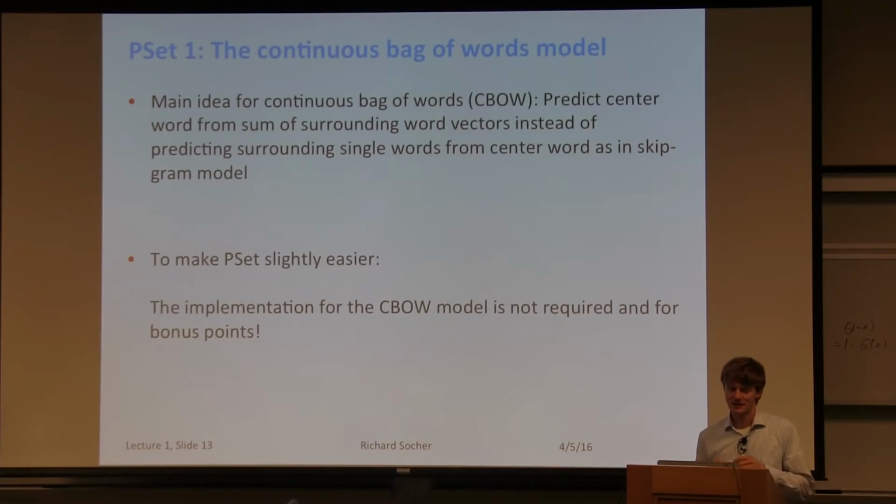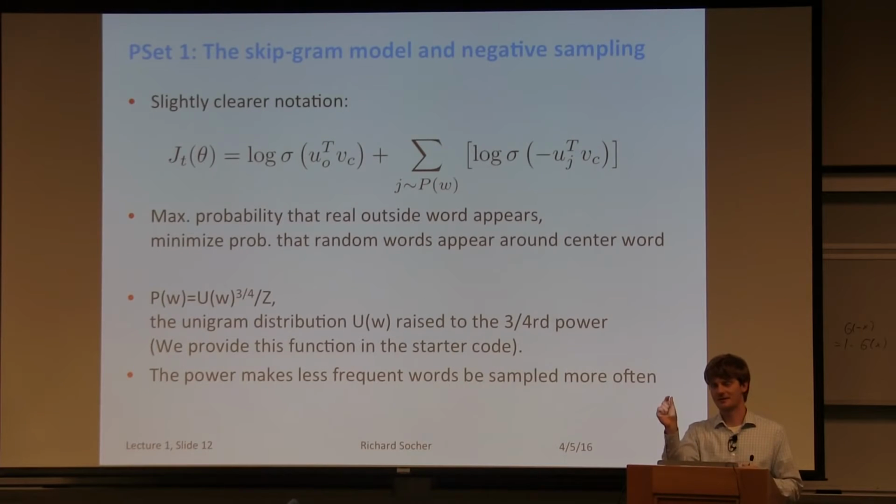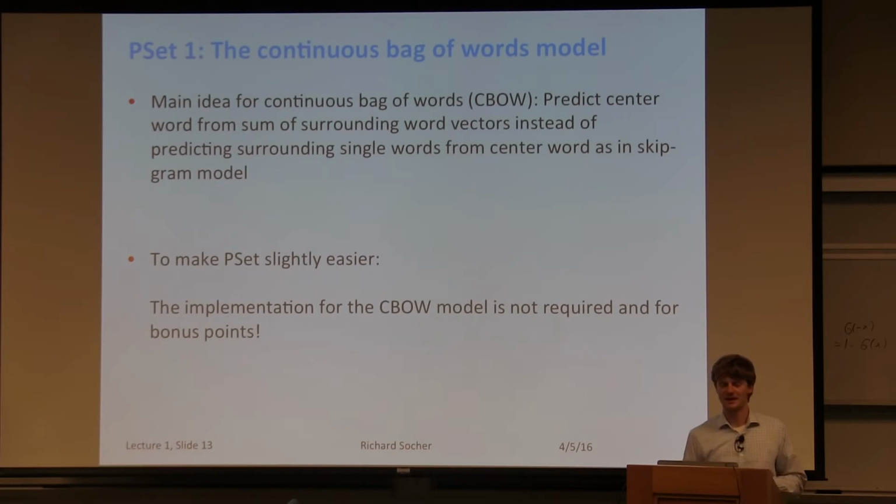All right, great. So mostly we focused on the skipgram model, where we take the inside vector and try to predict the outsides. The main idea for another very popular model, the continuous bag of words model, is actually quite similar, and you'll look at both in problem set 1. Instead of predicting the outside words from the center word, we can also average all the surrounding words and try to predict the center word.